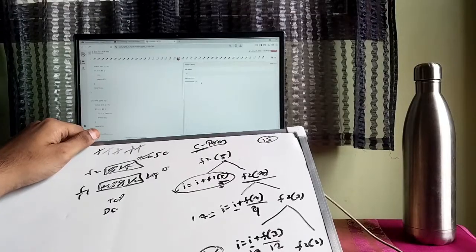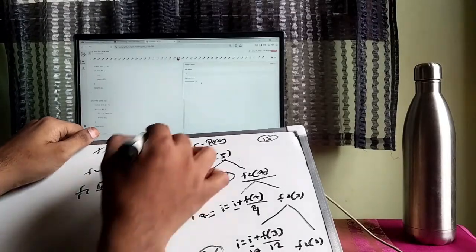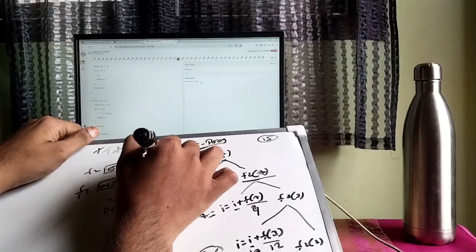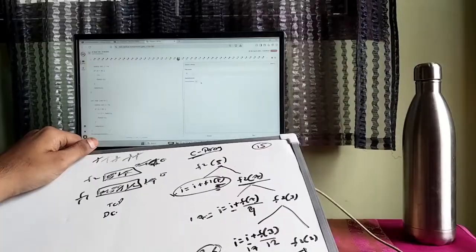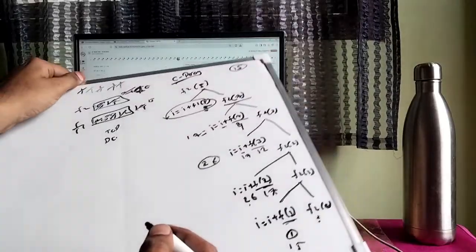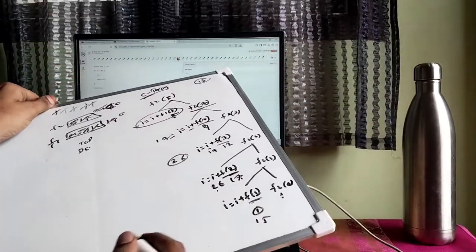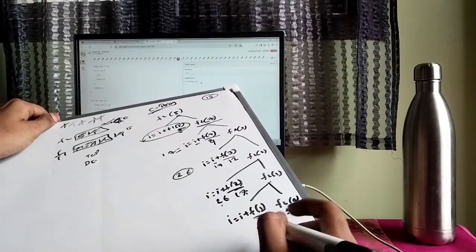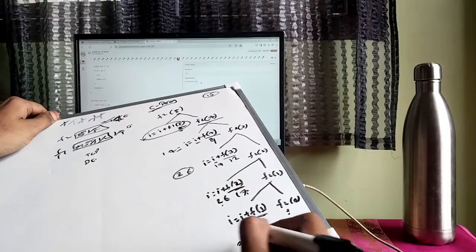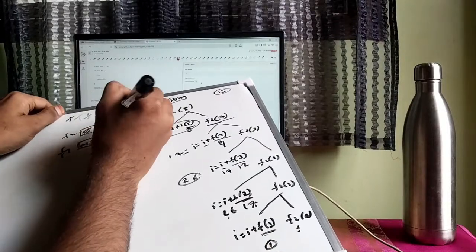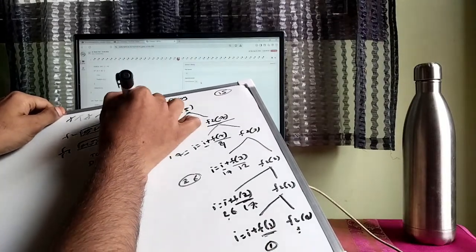26 plus 14 becomes 40, not 50. Okay, so here, I think you're able to see it now. So here 15 plus 40 will become 55.